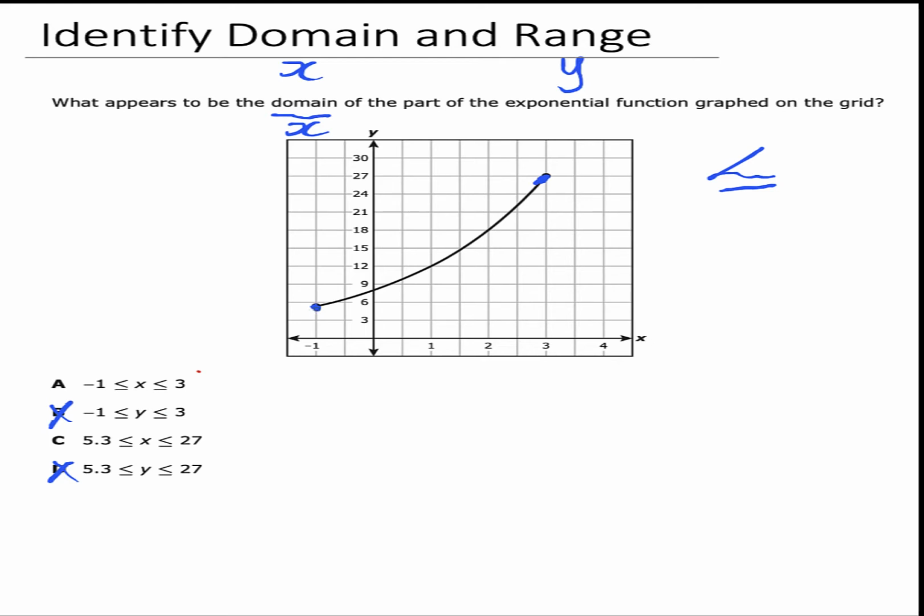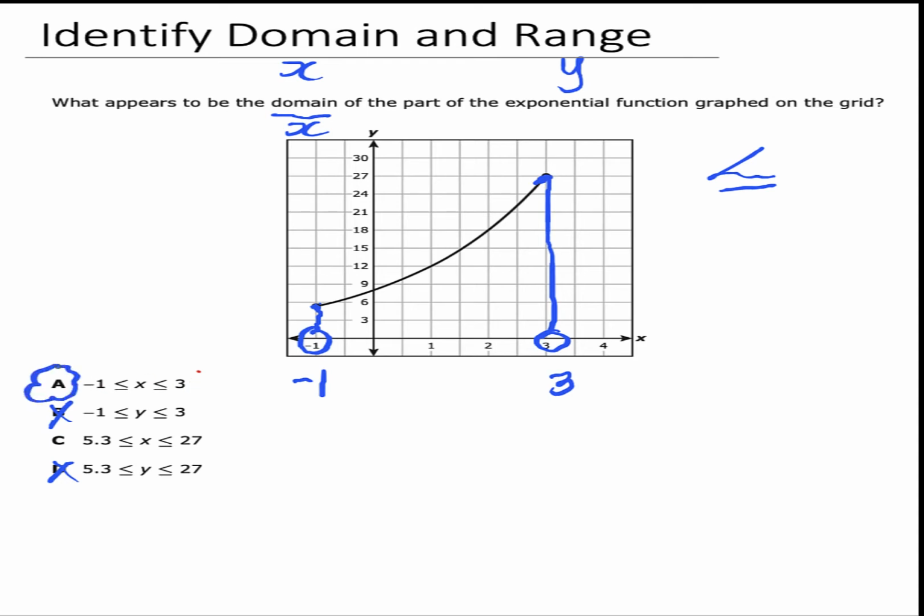So starting at my graph here, I'm going to find the corresponding x value. If I come down, notice I'm starting at -1 and I'm ending, when we go down here, at +3. A is our answer. Notice that A is between -1 and 3.